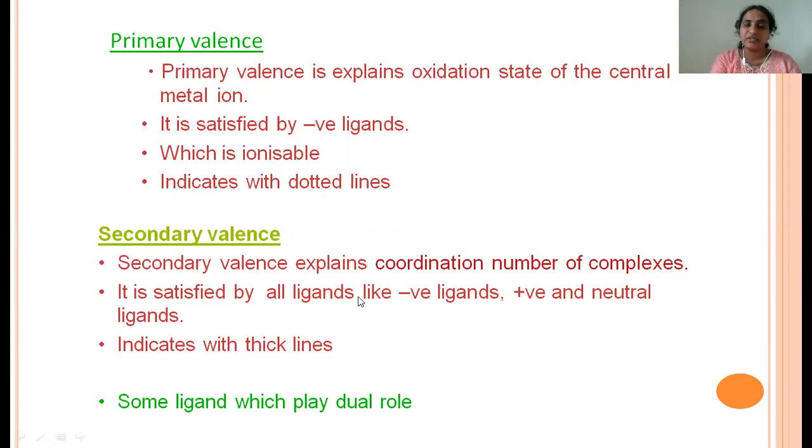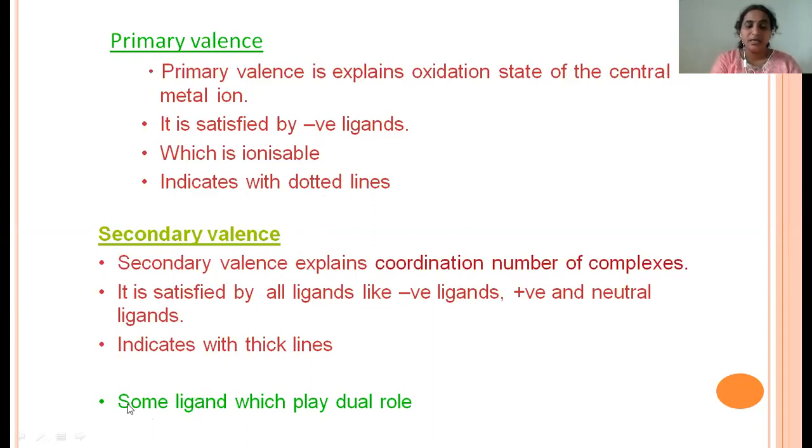Secondary valency is non-ionizable, whereas primary valency is ionizable. Secondary valency represents the coordination number, whereas primary valency represents the oxidation number.